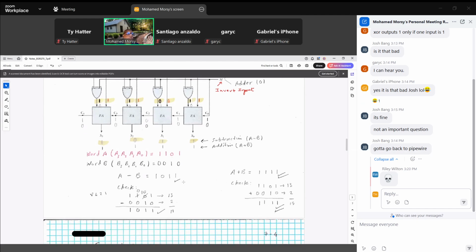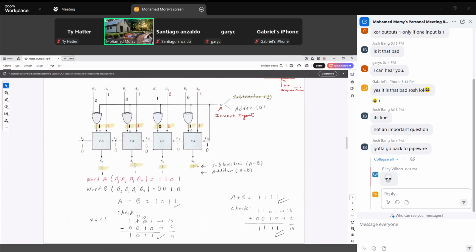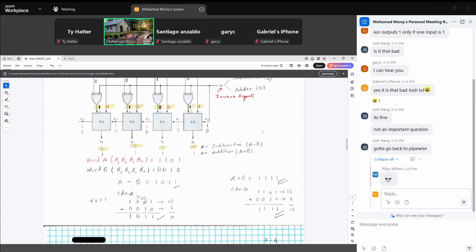Like we do normally when we add, 1 plus 1 is 0 with carry 1, we put 0 with carry 1, and so on. So we got 1, 1, 0, 1. This is for subtraction. Addition is simpler than this, you just add the numbers. Yes, sir, go ahead.